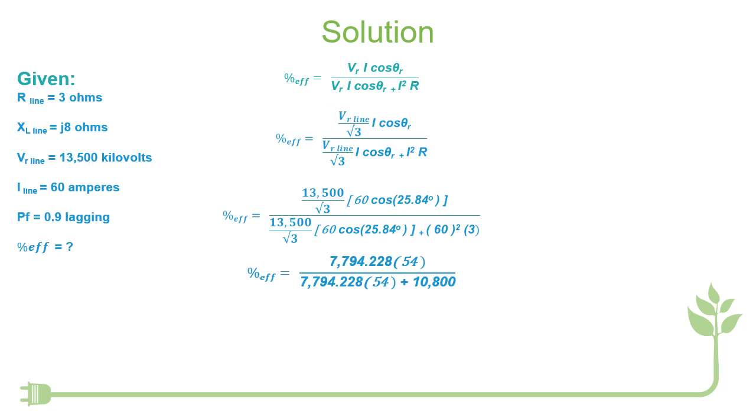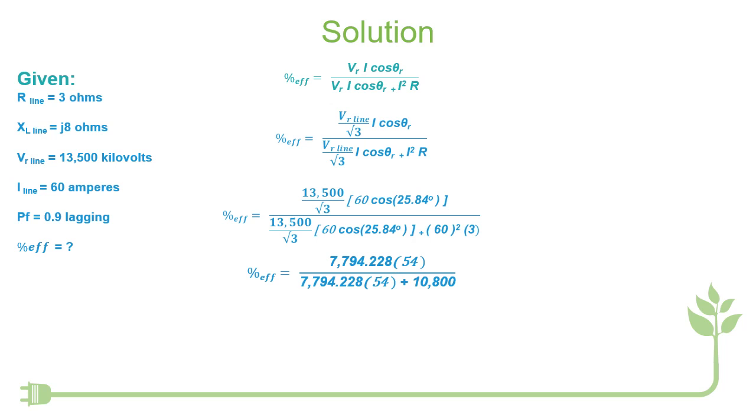Substituting all the given values, we will have 13,500 all over square root of 3 multiplied by 60 cosine of theta, which is 25.84, all over 13,500 all over square root of 3, 60 cosine 25.84 plus 60 squared multiplied by 3.